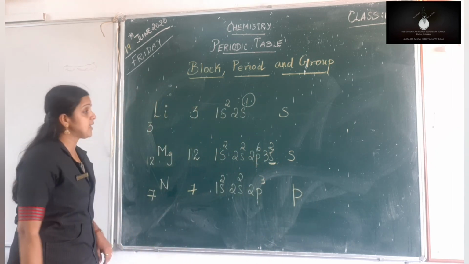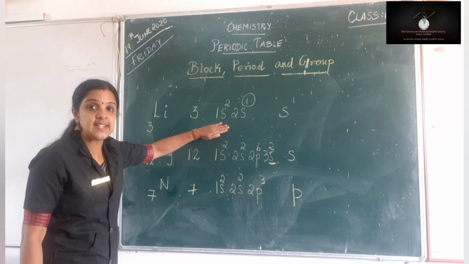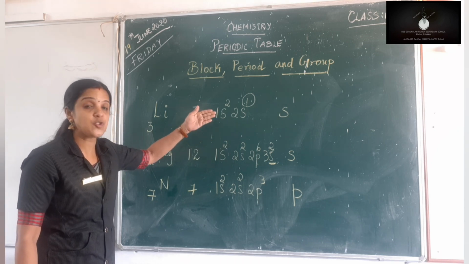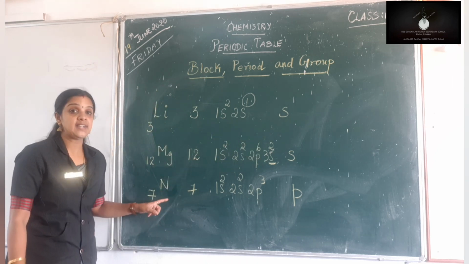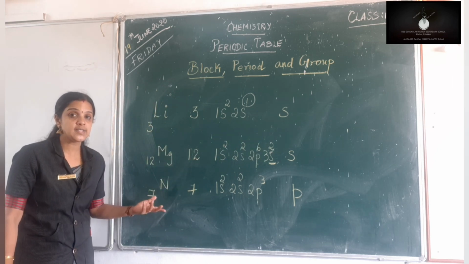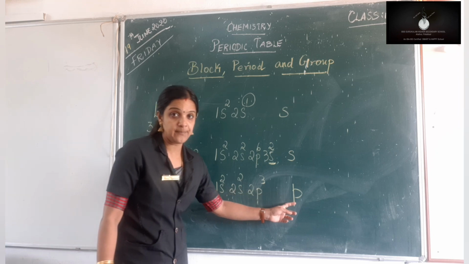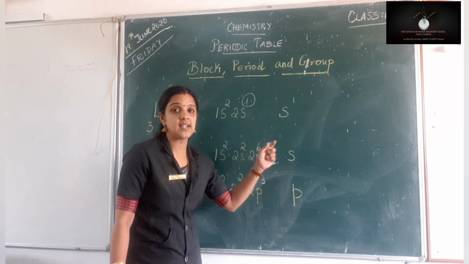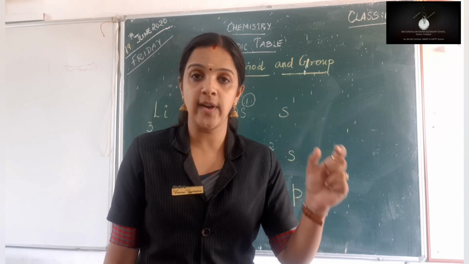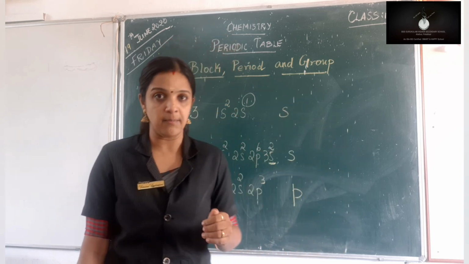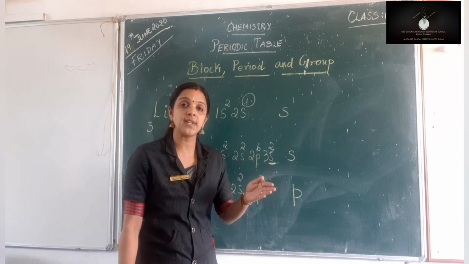So now tell me, the last electron in lithium gets into which subshell? It is S. The last electron in nitrogen gets into which subshell? P. So the subshell to which the last electron gets into defines the block of the element. So which is the block of the element?